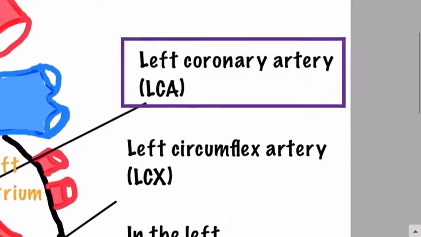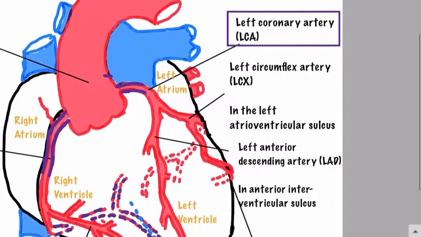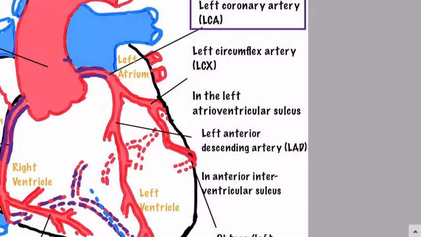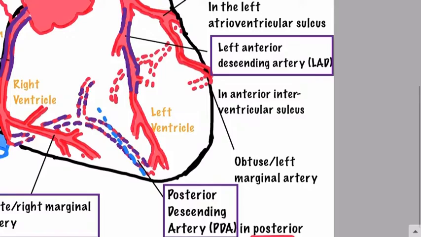Let's move on to the left coronary artery. So guys, the left coronary artery arises from the aorta on the left side and branches into two arteries. One is the left anterior descending artery or LAD. So guys, this is the left anterior descending artery or LAD, which runs anteriorly in the anterior interventricular groove or anterior interventricular sulcus.